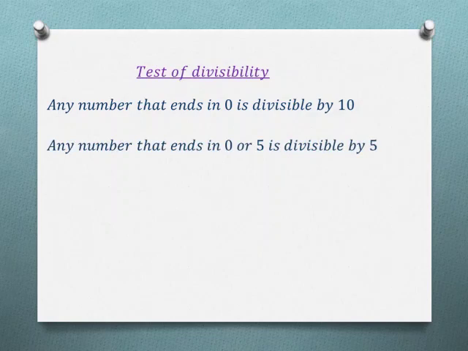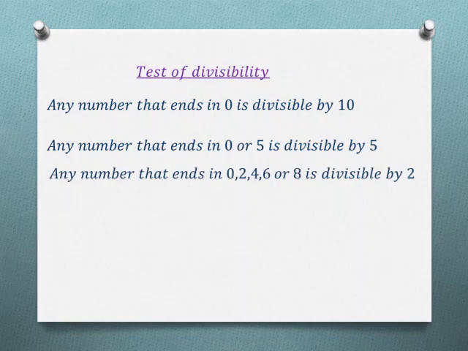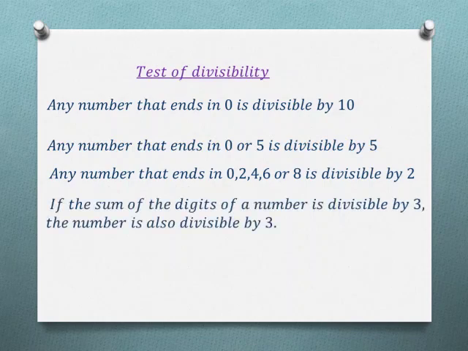You can check with the 5 table: 5, 10, 15, 20, 25, ending with 5 and 0. Any number that ends in 0, 2, 4, 6 or 8 is divisible by 2. You can check the 2 table. All the numbers end with 0, 2, 4, 6, 8 like that.